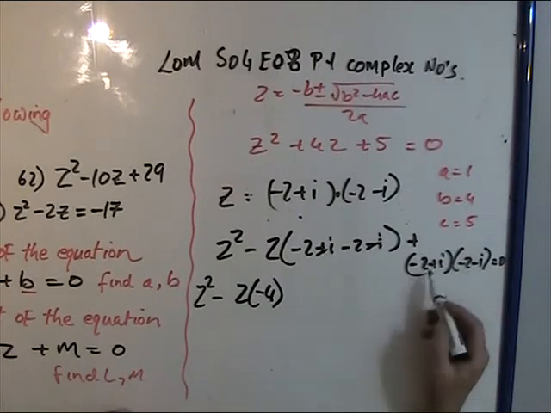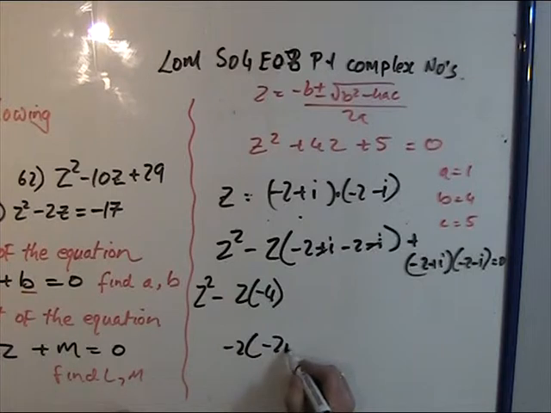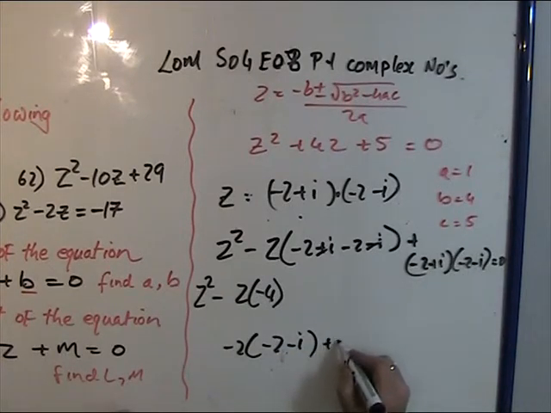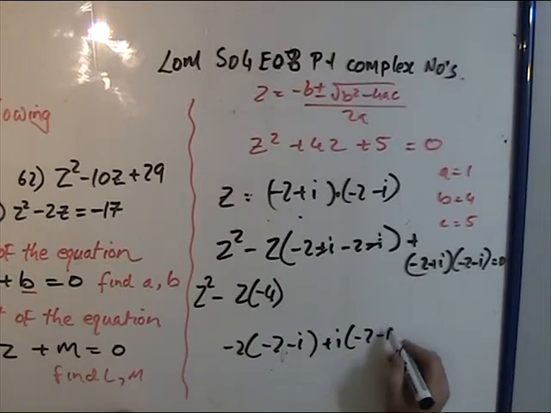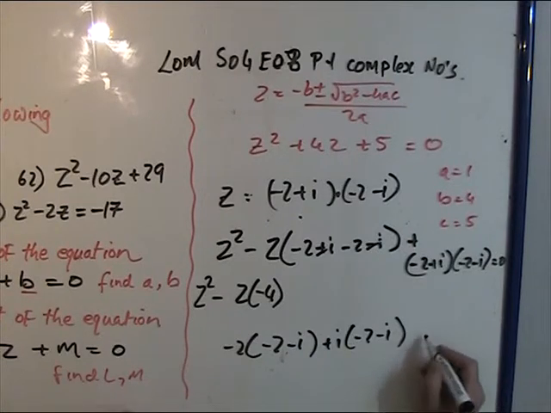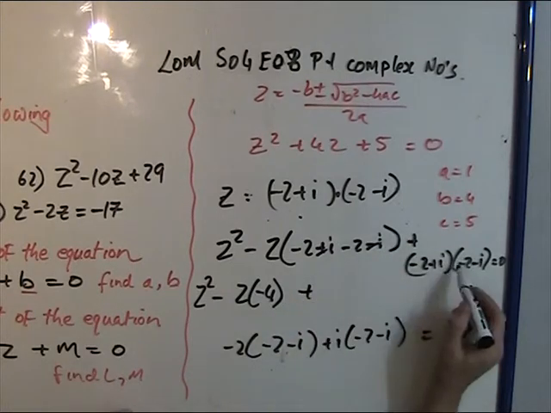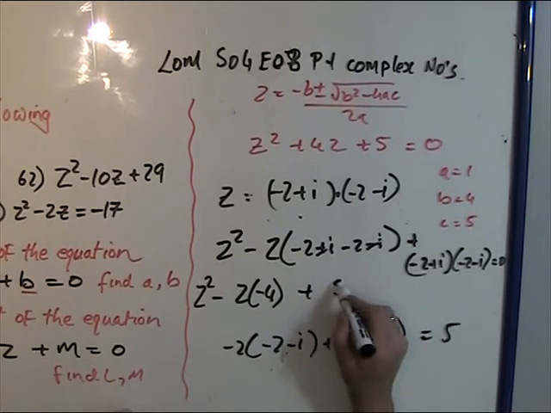So that ends up as minus 4. And when I multiply this out, this is a long equation. This becomes minus 2 by minus 2 minus i, plus i by minus 2 minus i, and you multiply them out and you should get the answer 5. So you're left with the product of the roots, plus 5.